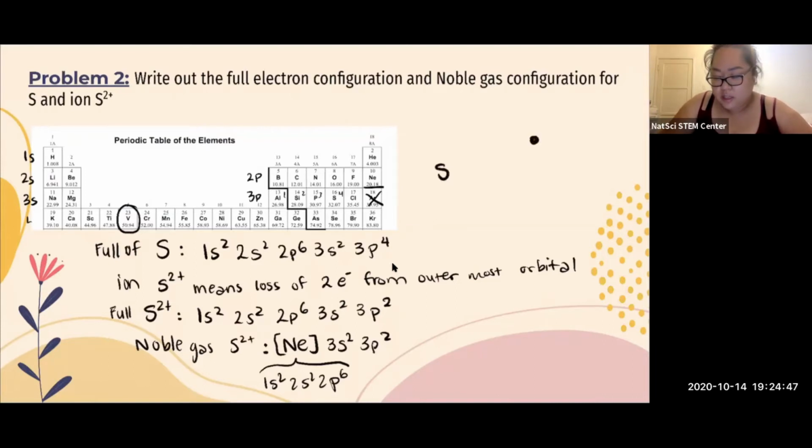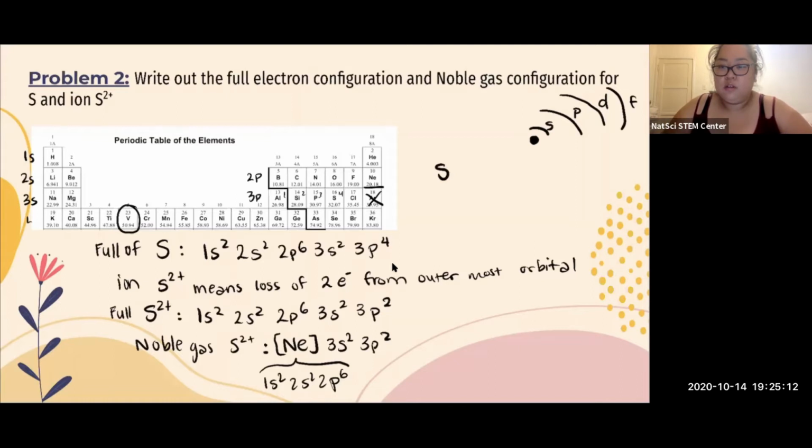If you think about the nucleus, you have an s orbital, your p orbital is a little bit further, then you have your d, and your outermost is your f. That's what I mean by outermost orbital. Here, your p orbital is your outermost.